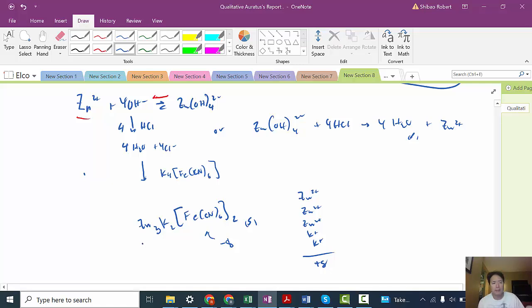Okay. And these add up to plus 8 here. And so electrical neutrality is maintained. So we get a nice blue precipitate from this. And that would be a positive test for zinc. So, blue precipitate.